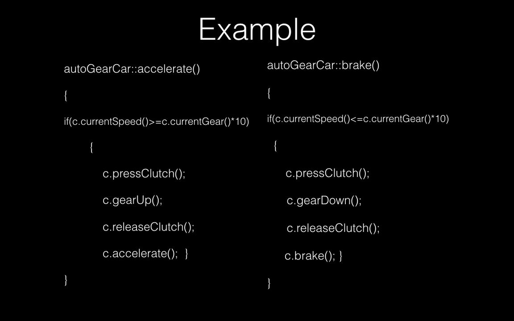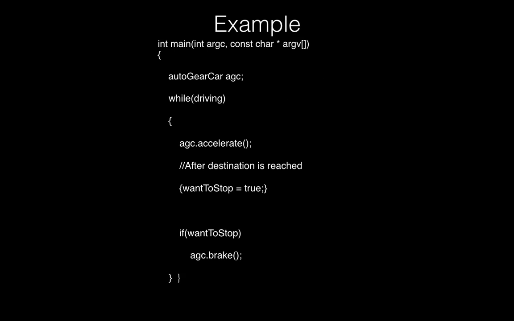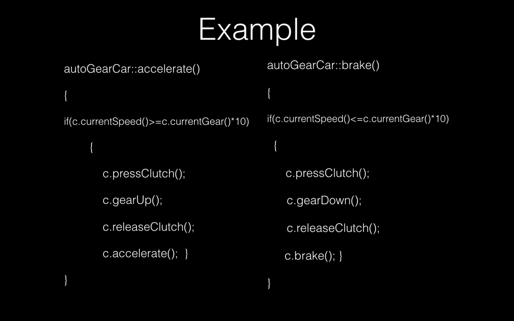Now let's see how we achieve this. In the new auto gear car, you will provide the accelerate and brake functions. Here you can see that in the new auto gear car you have kept an object of the existing car. So you are using the existing car as a member of your class, and using that car in your accelerate function you are doing the same complex functionality.